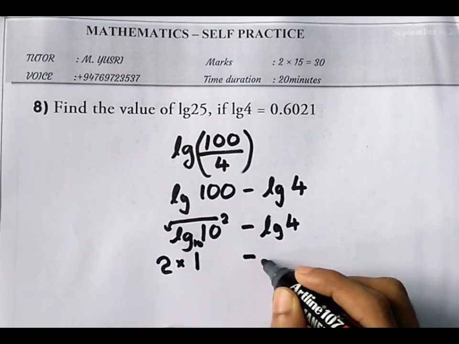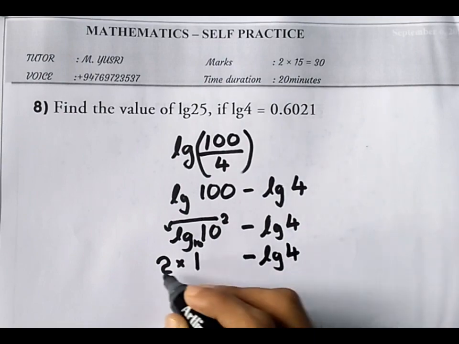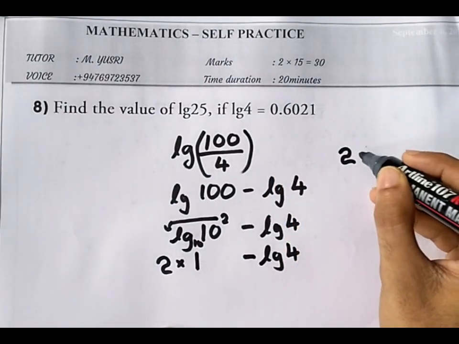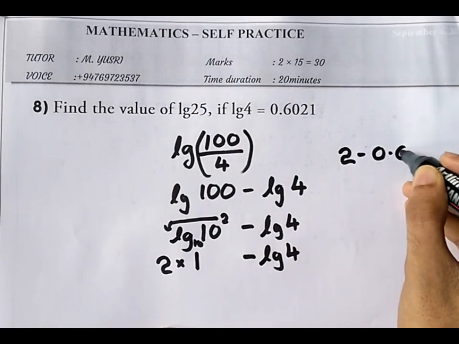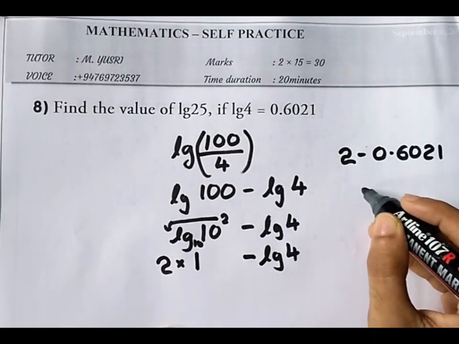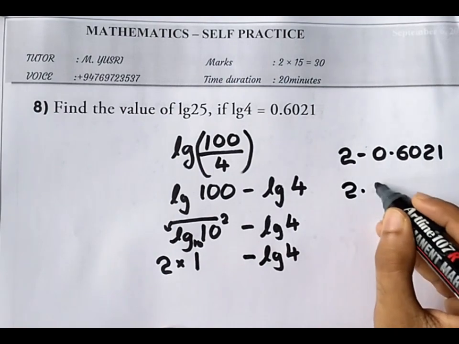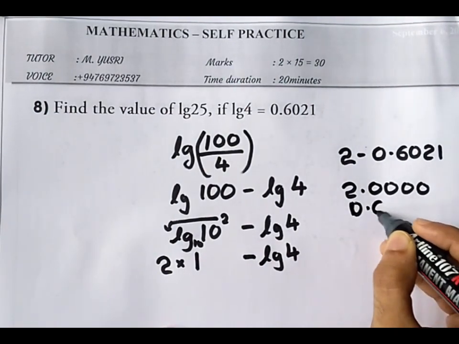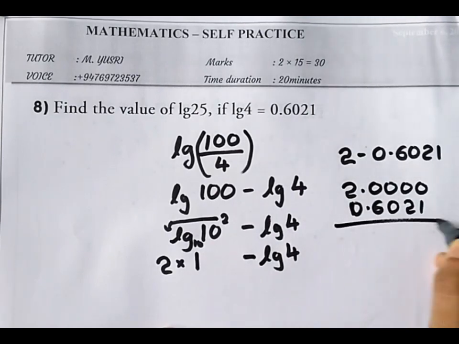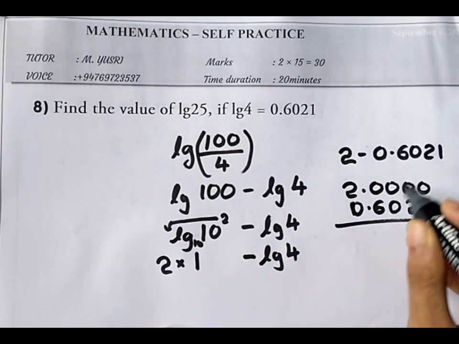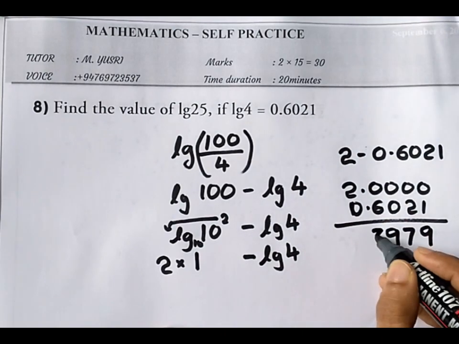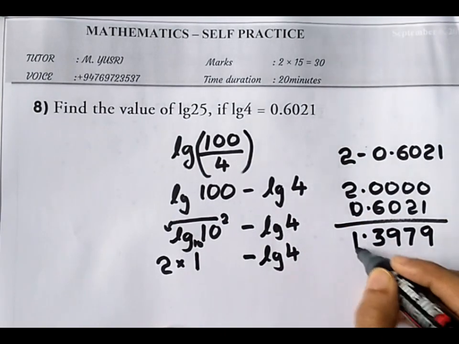And log 4, I'm taking that down again, and 2 ones are 2. Now we'll substitute the value of log 4, which is 0.6021. Now we can subtract that easily: 2.0000 minus 0.6021. 10 minus 1 is 9, 9 minus 2 is 7, 9 is remaining, and 9 minus 6 is 3, point, we gave 1, so 1.